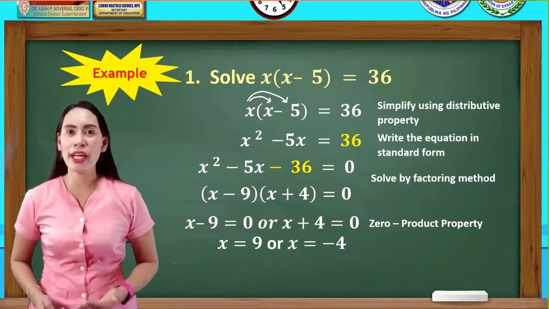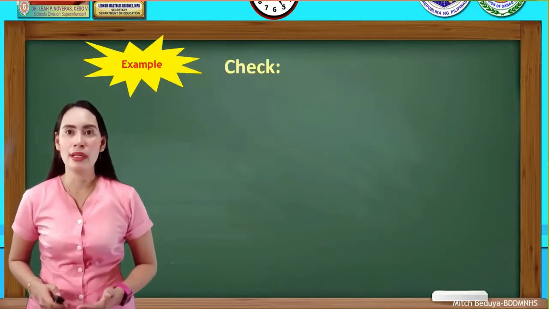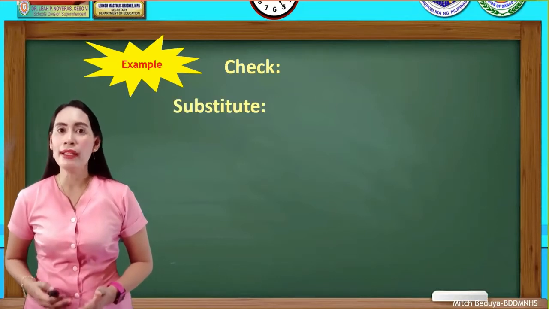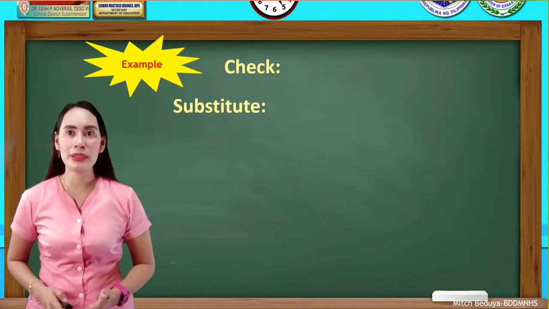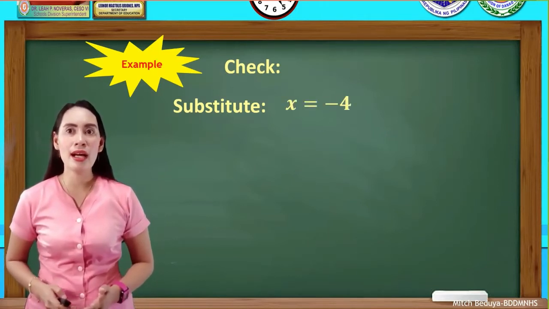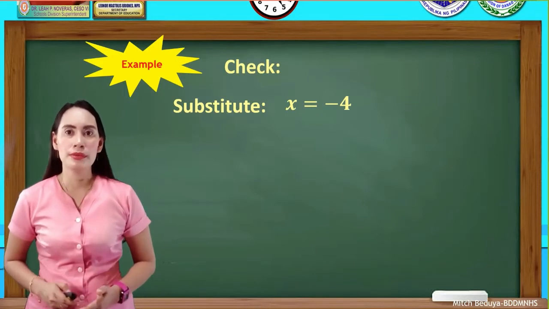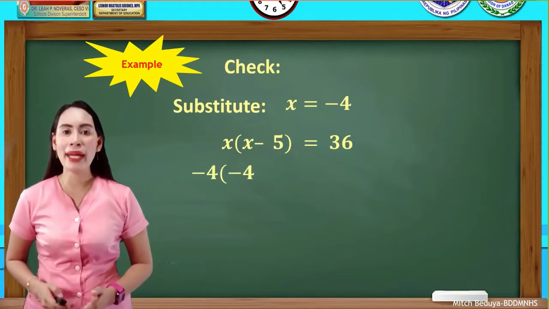Now, we're going to check if the two values of x can really satisfy the original equation. So, let's substitute negative 4 to x in the original equation. So, negative 4 times the quantity of negative 4 minus 5.